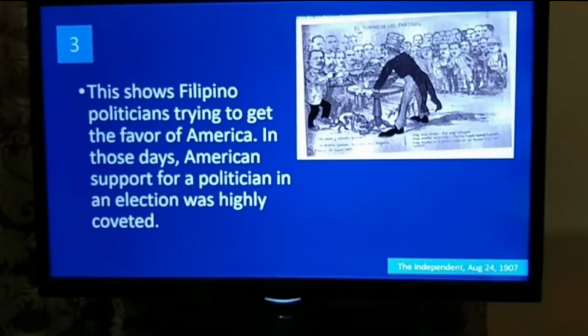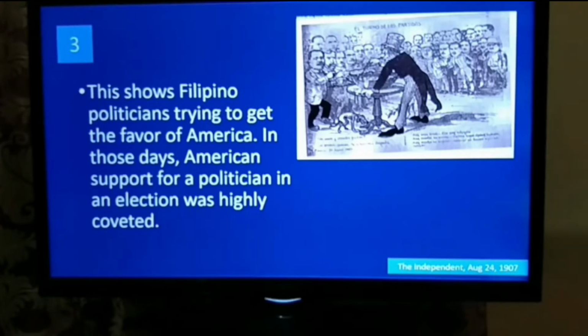But a big, big X factor for a politician to win in those days is the blessing of America. If the American officials would endorse you and not your political opponent, that would be the knockout punch. You would win the election.